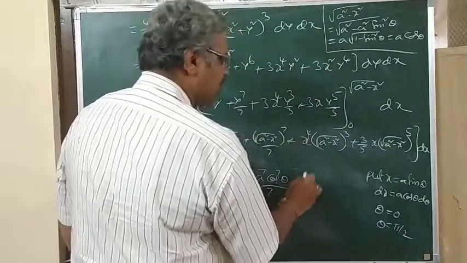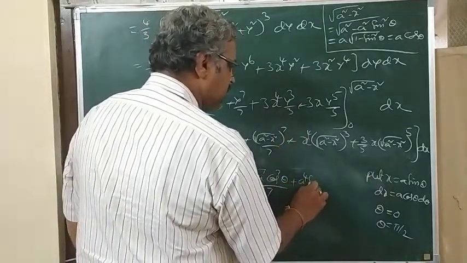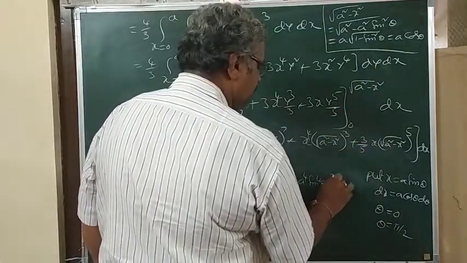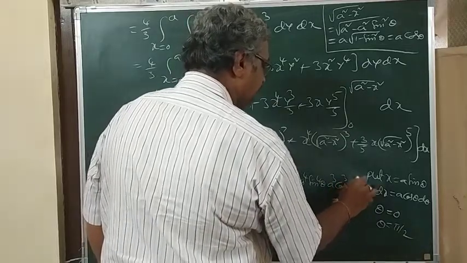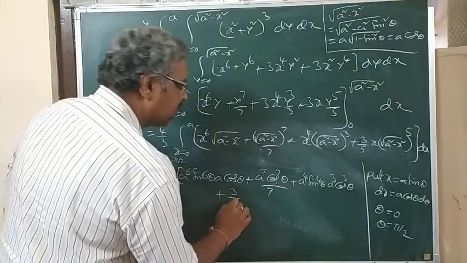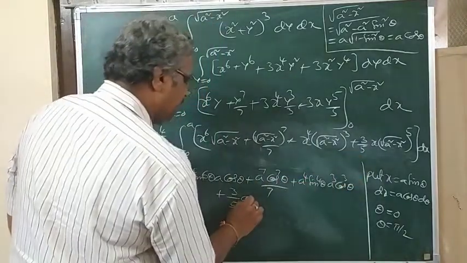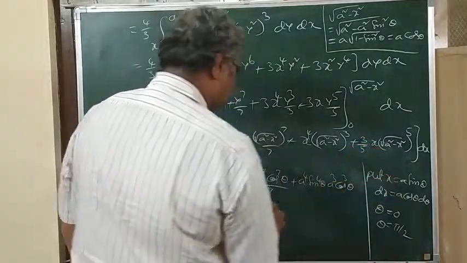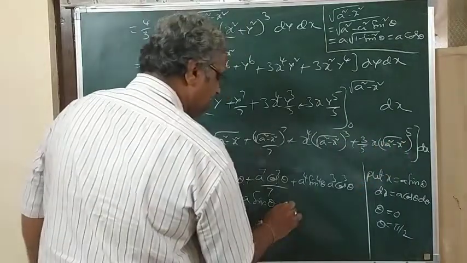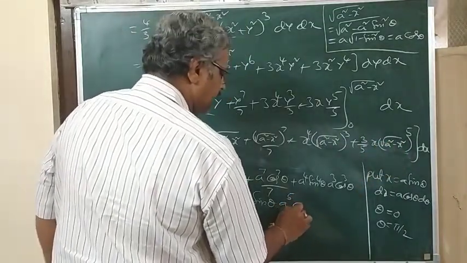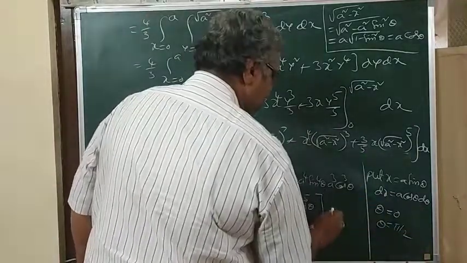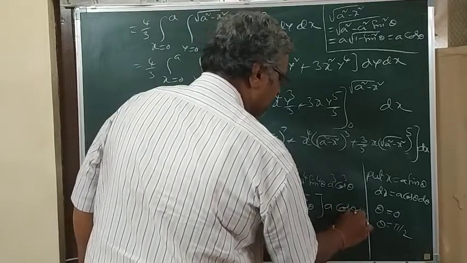Now this term is a power 4 sin power 4 theta into the same a cube cos cube theta, plus 3 by 5 a square sin square theta into root over this value, which is again a power 5 cos power 5 theta, into dx, which is a cos theta d theta.